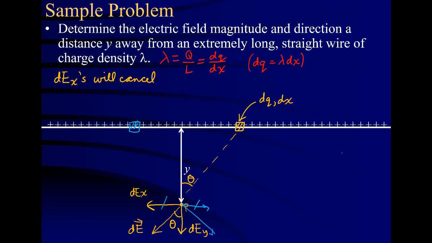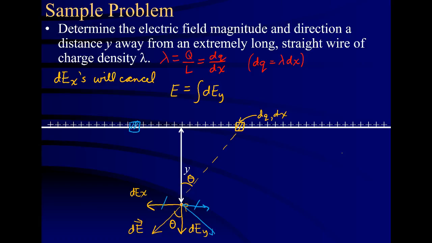So really what we want to be calculating here is the electric field as the integral of dEy. Okay? Now we can see from our diagram here, I'm just going to erase this dq dx. And it's frozen, so I'm going to pause for a second and sort this out.